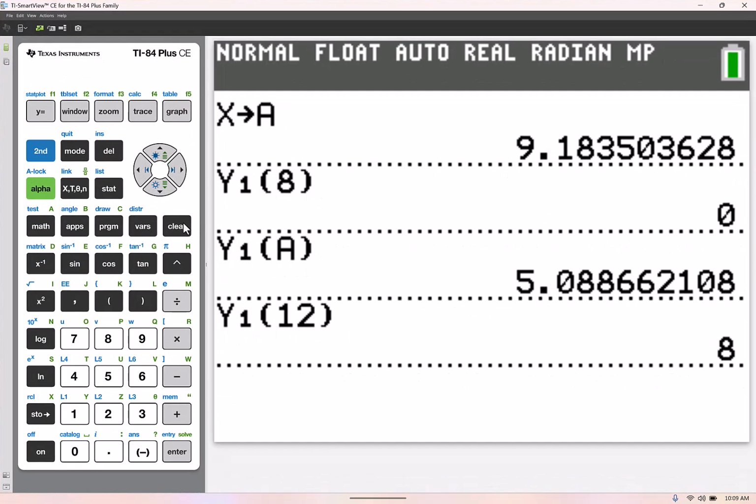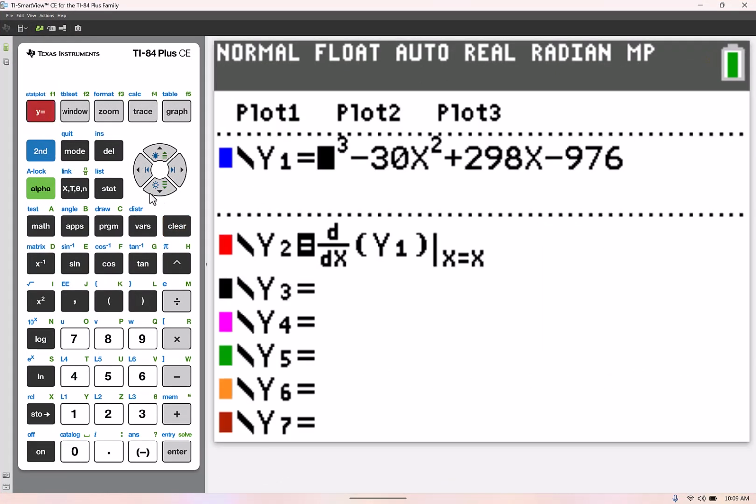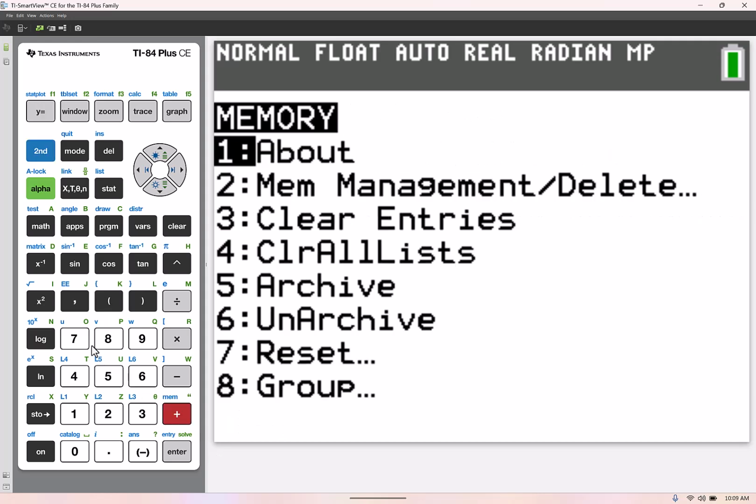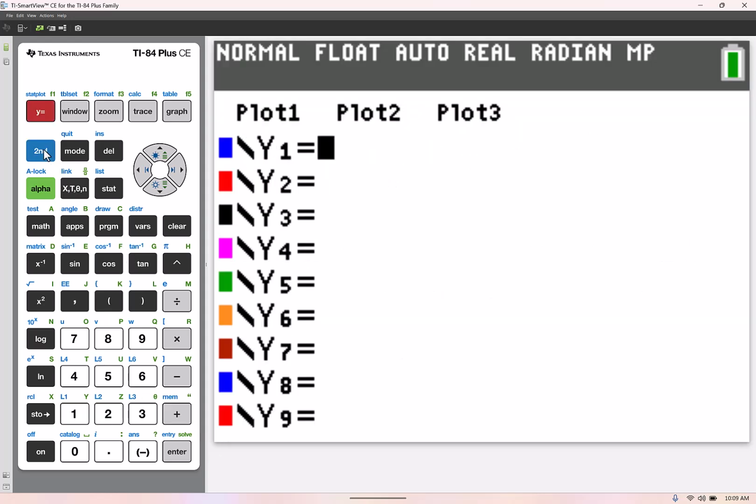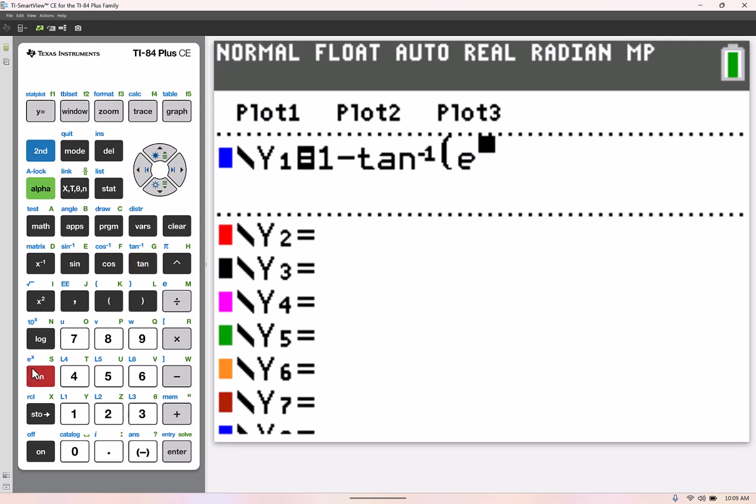Let me clear everything. What was my equation, guys? 1 minus arctan, arctan of what? E to the t. So e to the x, and like that. That was it. All right, here it is.